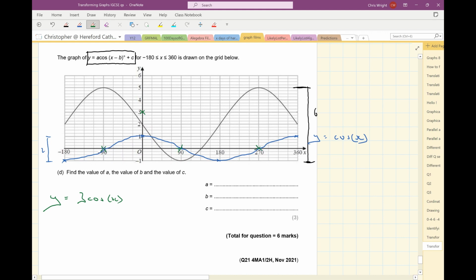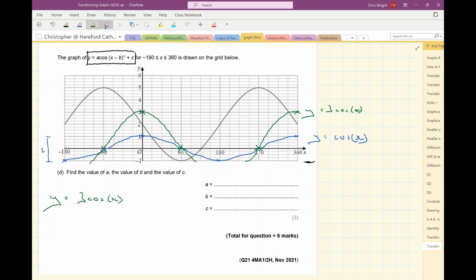Of course, not all the points will fit on, but here it is. It's going to look like this. And up it comes to there. So that green curve there is y equals 3 cos of x.